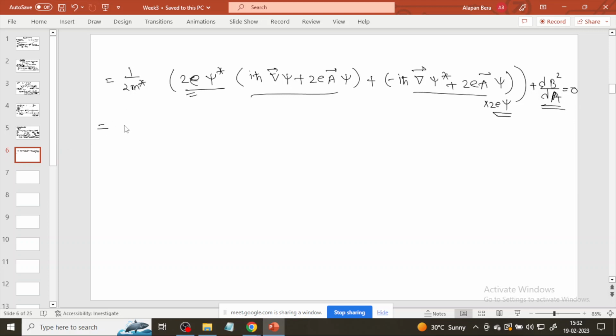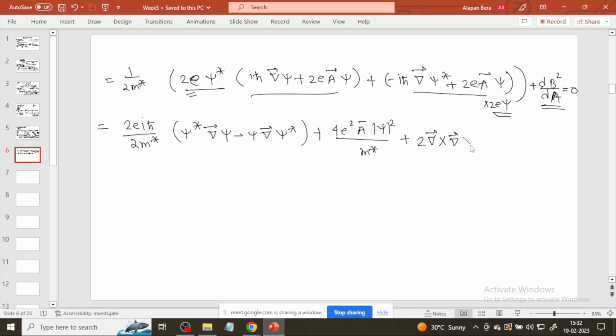After simplifying it more, you can write it as 2e i h cut by 2m star, psi star delta psi minus psi delta psi star, plus 4eA. Now I am writing the result only, but we can prove that this term can be written as this.